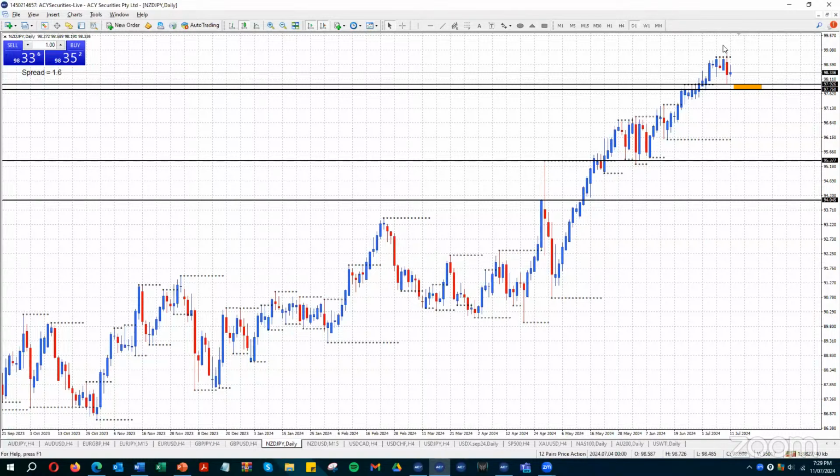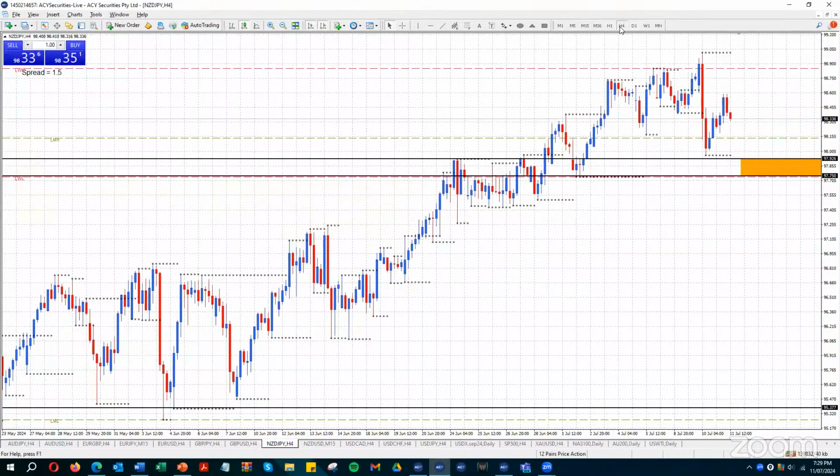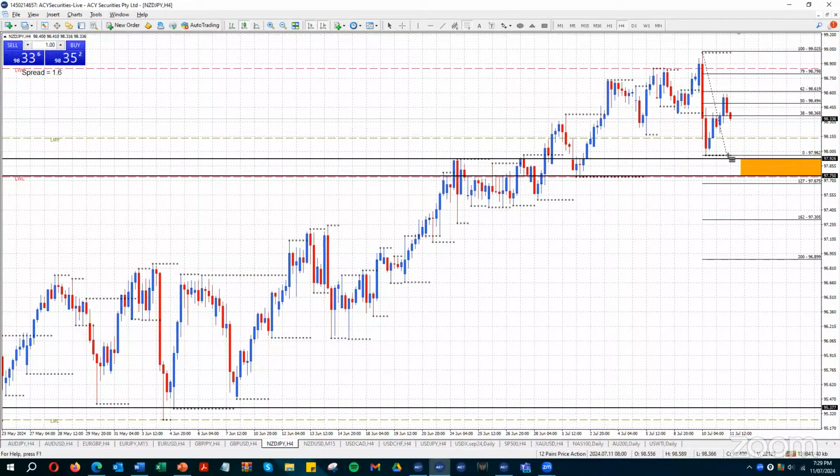So trend remains up, but that's quite a nasty candle. So I wouldn't be opposed to looking high up to the top of the range for some form of head and shoulder pattern coming in here if we came back up to the top.